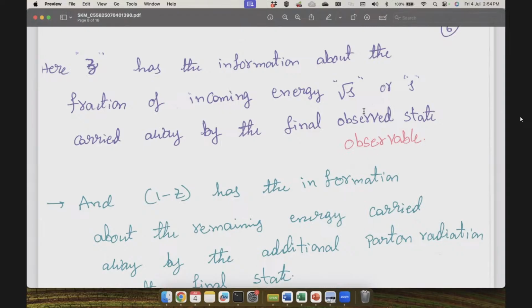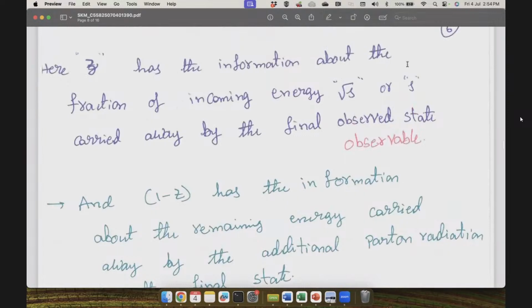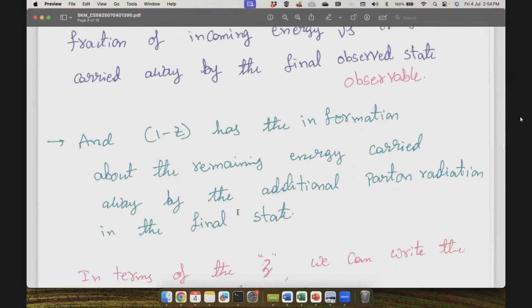And what about the remaining energy? The fraction z times s is carried away by your final state system, say z times s equal to m_H squared or m_Z squared. What about the remaining energy, 1 minus z? That 1 minus z has the information about the energy carried away by the additional parton radiation in the final state. So this is simply in terms of the kinematics.